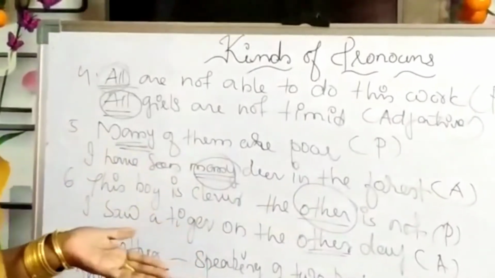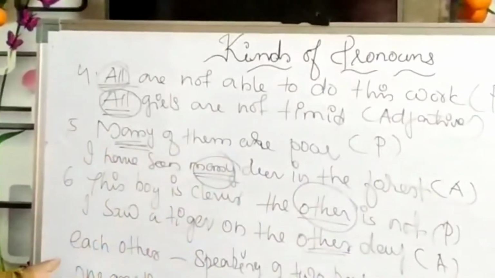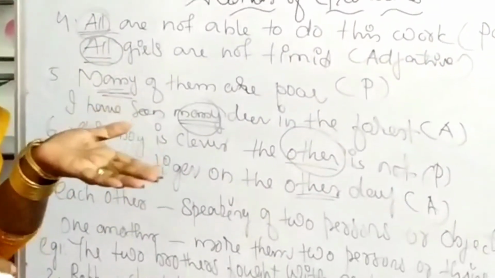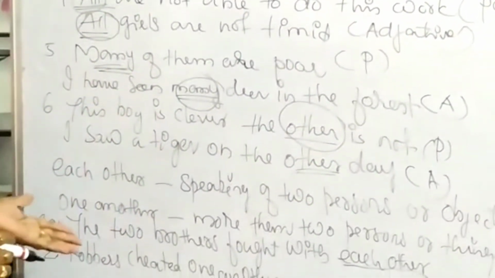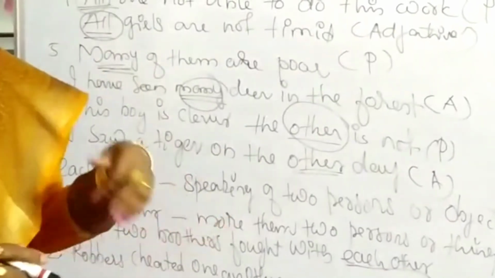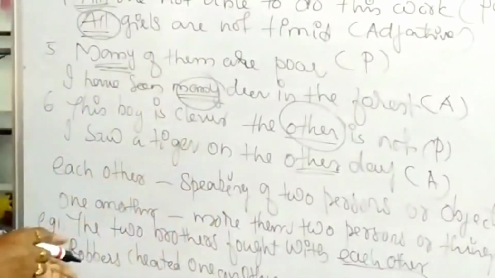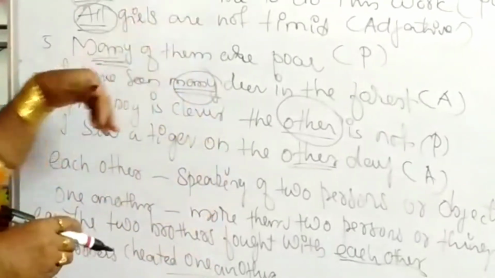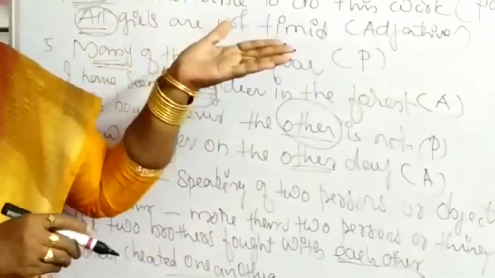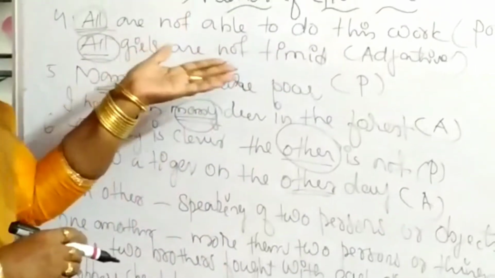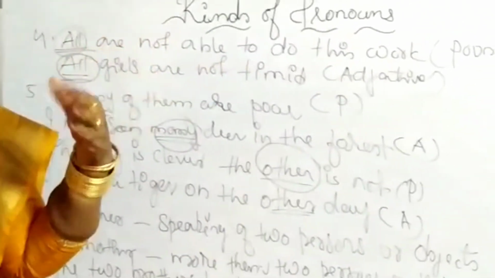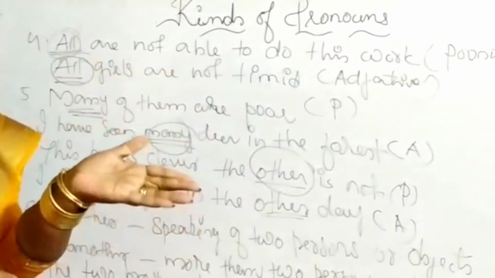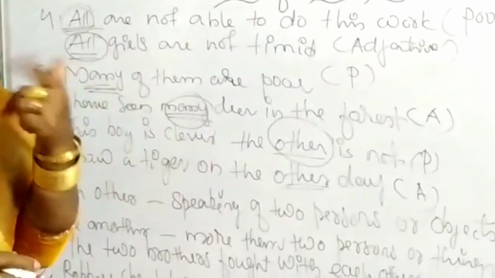It speaks of two persons or objects. And one another refers to more than two persons or things. For example, the two brothers fought with each other. Robbers cheated one another. So these are all under pronouns, and we see where we use pronouns and where we use adjectives. For each and every word I give examples.